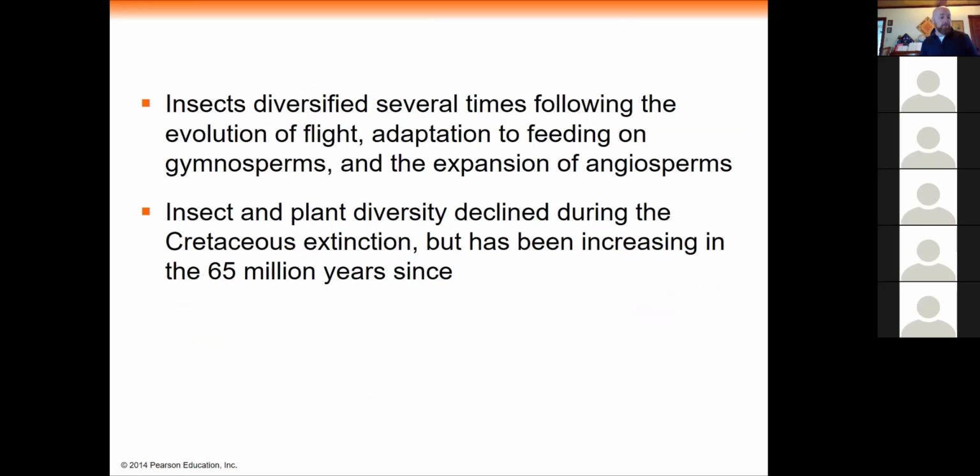Gymnosperms are the things like pine trees, cone-bearing plants. And these were some of the first woody plants on land as well. So insects first adapted to feed on things like pine needles and other gymnosperms, which was huge. The gymnosperms became the dominant land plant. The insects diversified to feed on them.